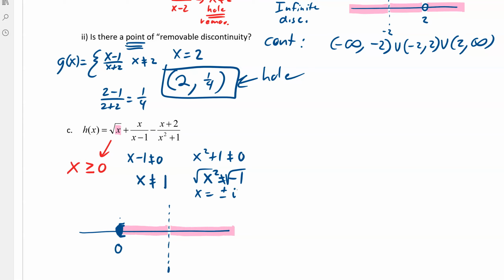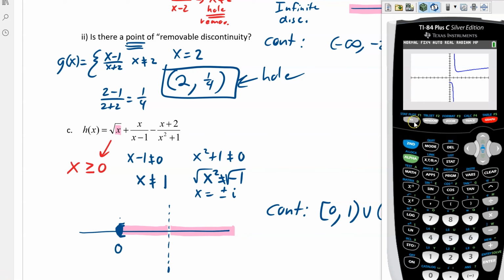And you're going to see this very quickly on the calculator to show that it works the same way. So our continuous interval would be from 0 to 1, parenthesis, union 1 to infinity. So it is continuous on that interval. And so I plug that into our calculator here. And you can see at 0, that's where it starts. There are no values over there.